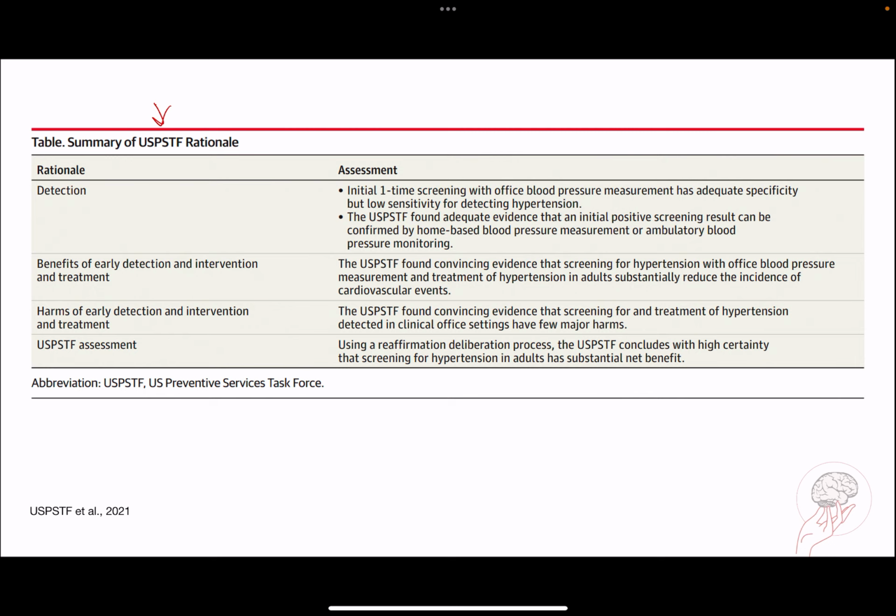And this task force found that screening for hypertension with office blood pressure measurements and treatment of hypertension substantially reduced the incidence of cardiovascular events. This is a lot like type 2 diabetes, where we're able to actually get that into remission, but only if we're able to detect it early.